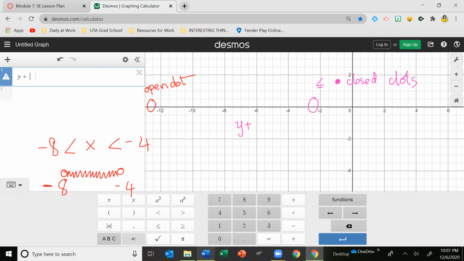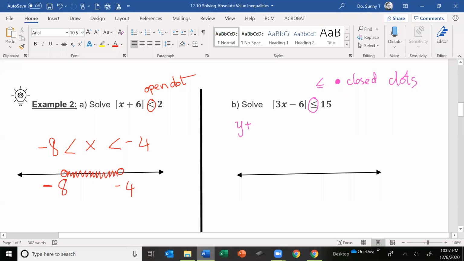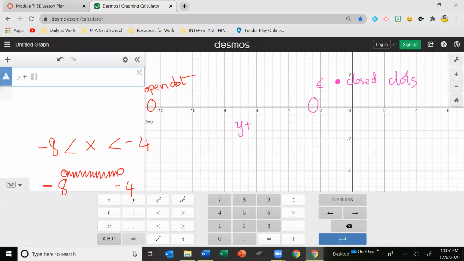Then you type in exactly how it looks: 3x minus 6 inside, and then you go outside and put less than or equal to 15.